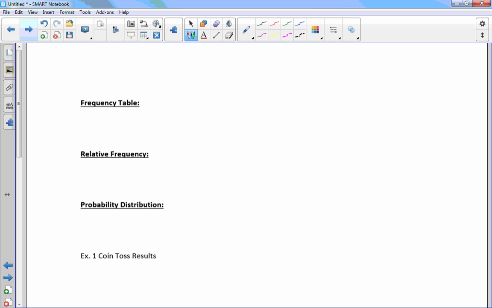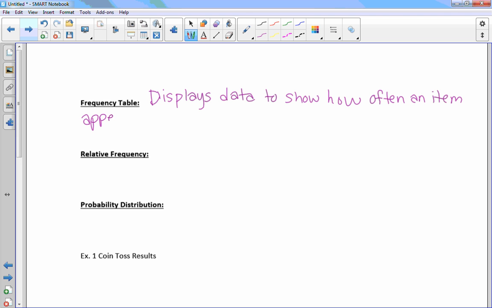So a frequency table is a table that displays data to show how often an item appears in a category.